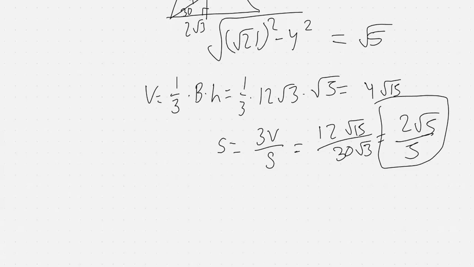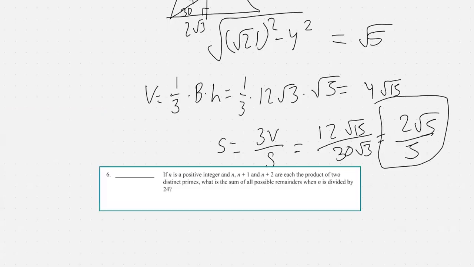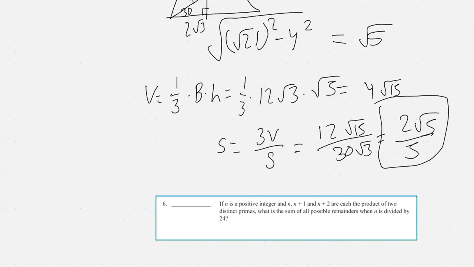Does anybody know how to do number 6 from the target? Anybody other than Edward or Vincent?